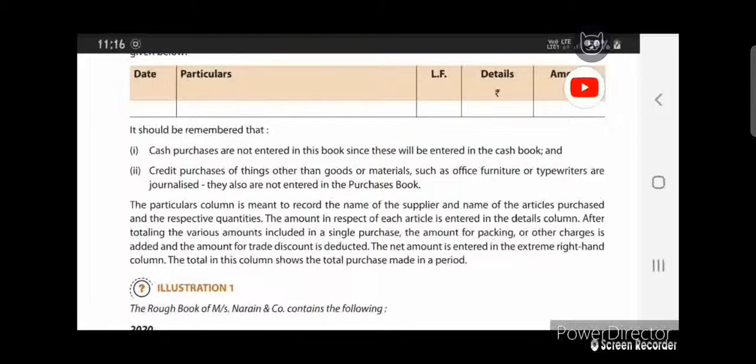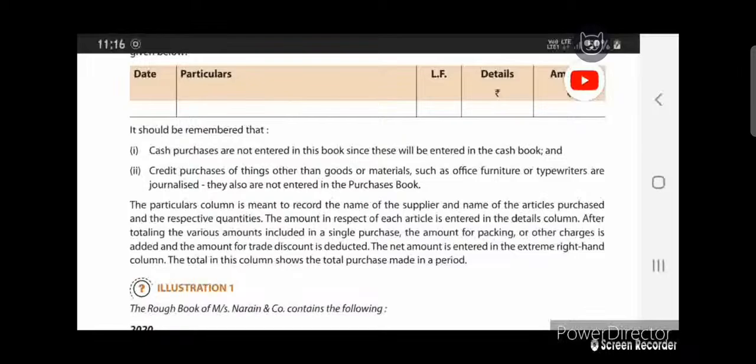How much amount it comes to for buying those goods, you write in the fourth column, details. For example, if we bought this much product from this person for 1 lakh, in particulars you write the person and quantity, and in details you write the amount.